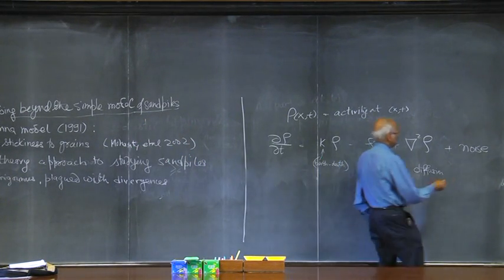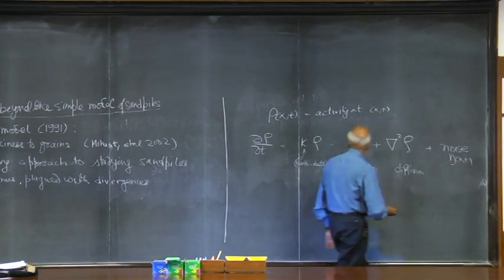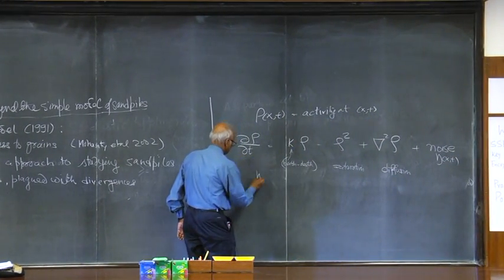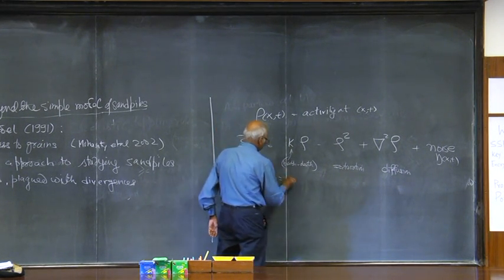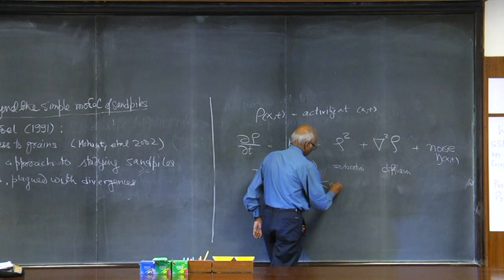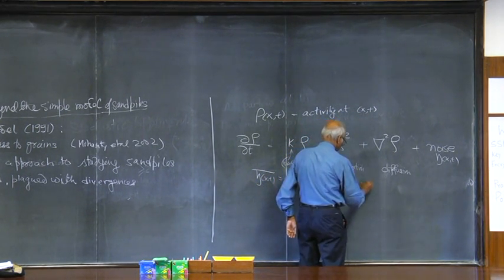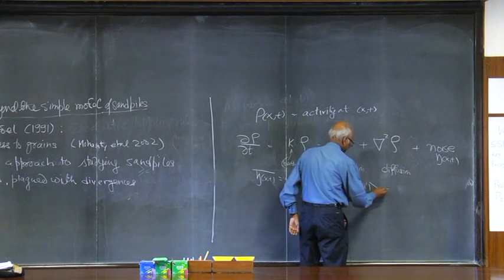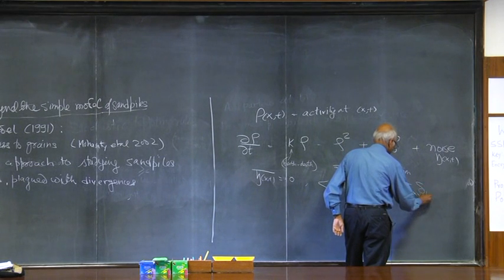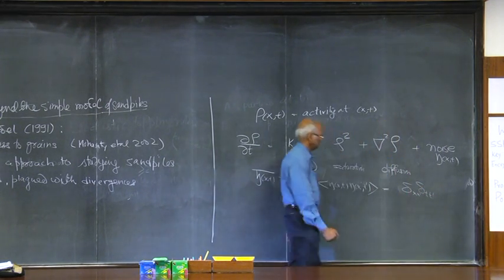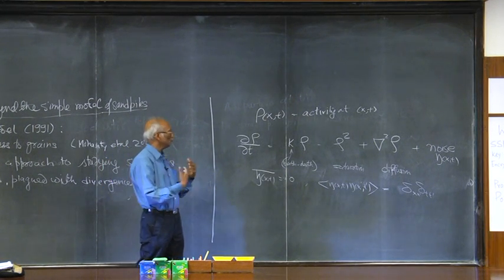So let us call that noise eta of x, t, and eta of x, t average is equal to 0, but eta of x, t, eta of x prime, t prime, well, they are delta correlated in space and time, but in addition they have some dependence on rho itself.